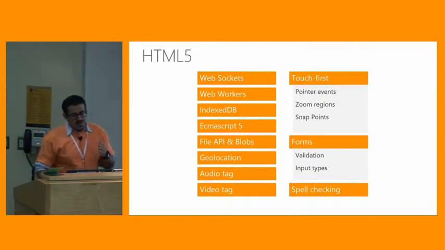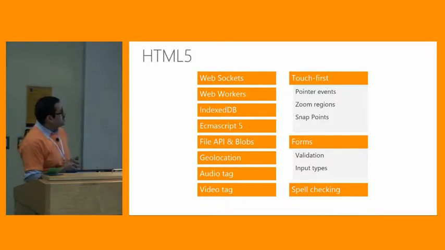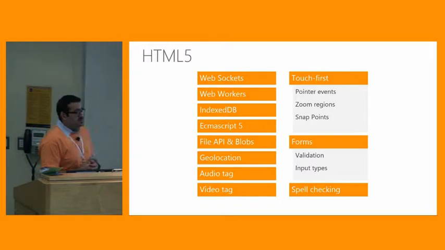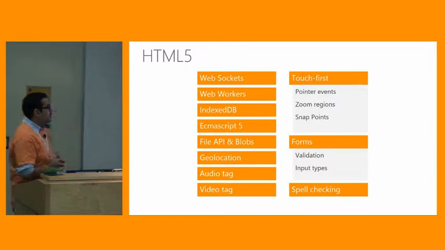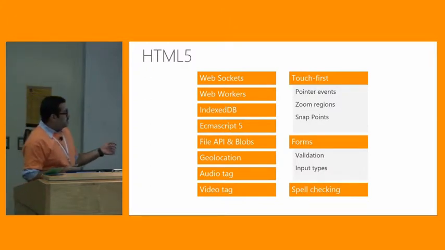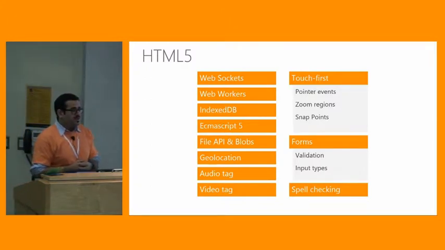These are a lot of the HTML5 APIs that are supported. Cool stuff like WebSockets, web workers. We even have the audio and video tags for multimedia requirements. Windows 8 also builds on top of these. So you can do, for example, DRM with the video element in Windows 8, which is not available in the browser.